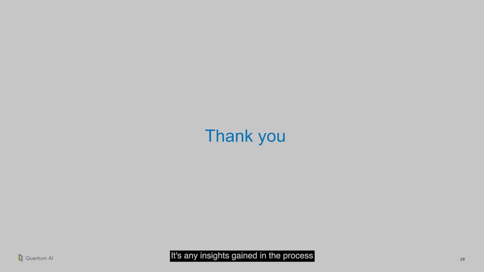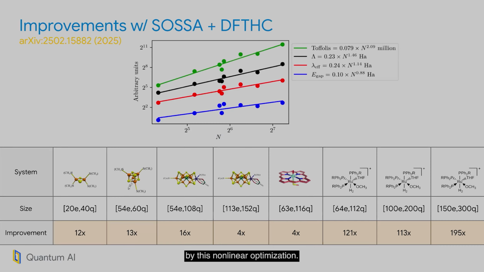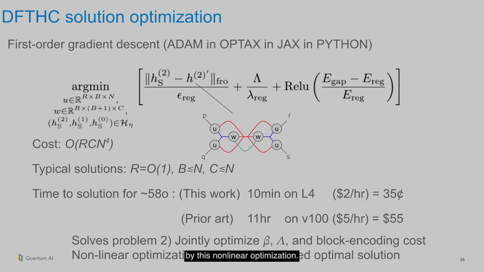Any insights gained in the process in terms of designing a general method for applying SOSUP to any arbitrary Hamiltonian? So the key insight, I think, is going to be given by this nonlinear optimization. The SDP approach is the traditional way. It's what people in quantum chemistry or in condensed matter use to get good ground state lower bounds.